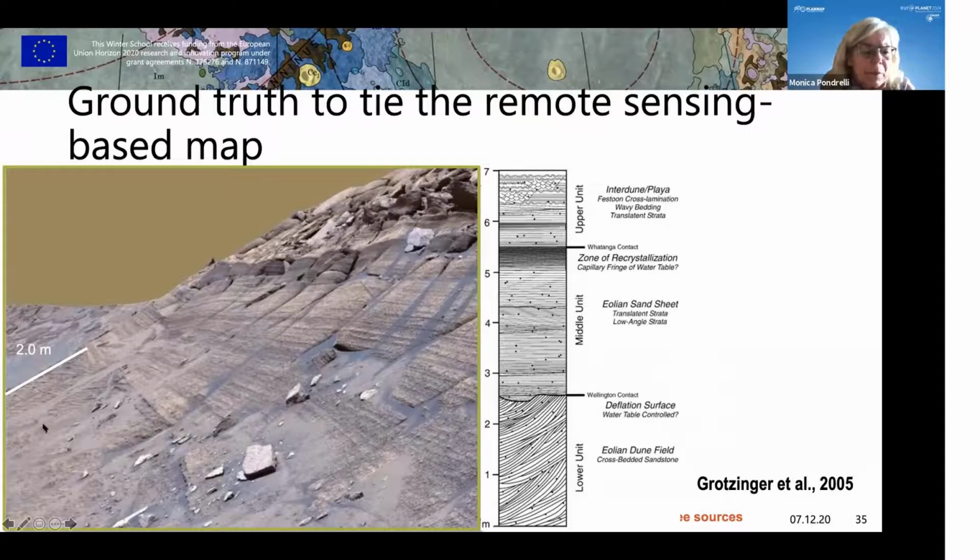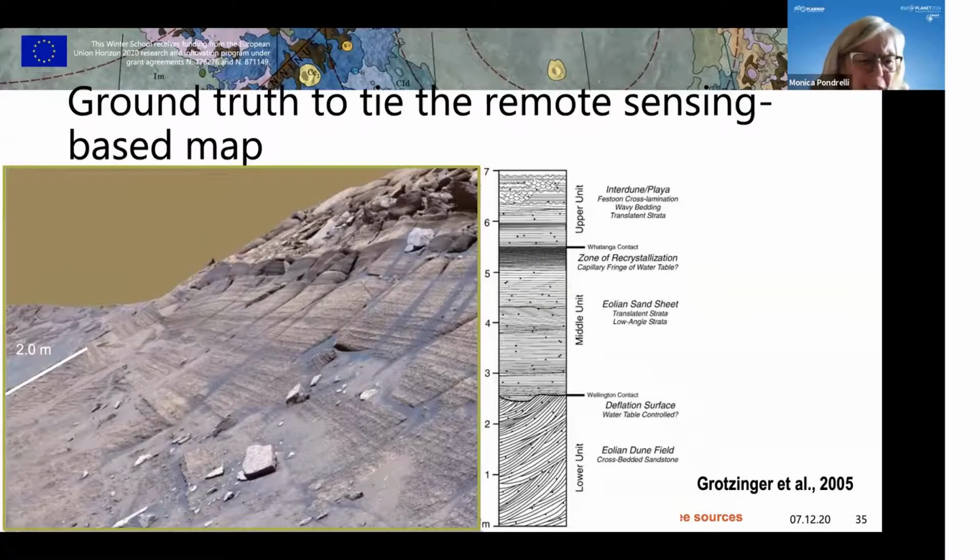We have here cross-bedded strata of Aeolian dune origin, then these flat-bedded layers, which have been interpreted as an Aeolian sand sheet, and here an interdune playa deposit with the presence of gypsum.